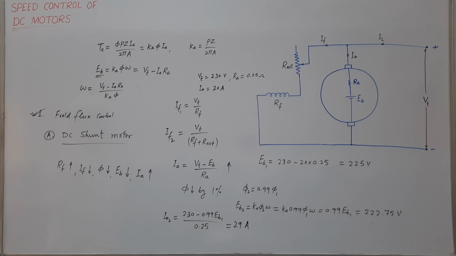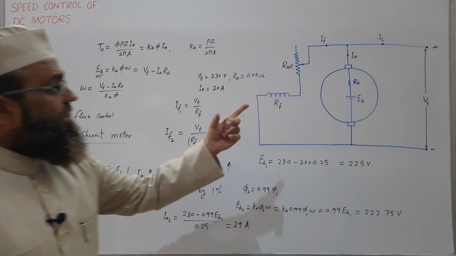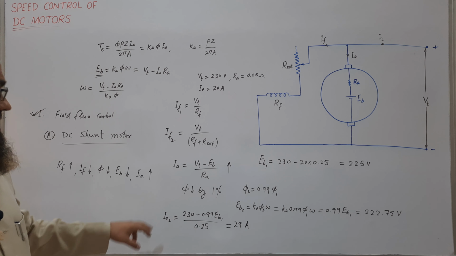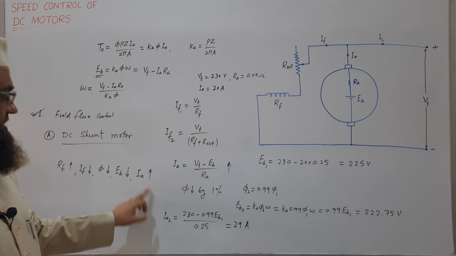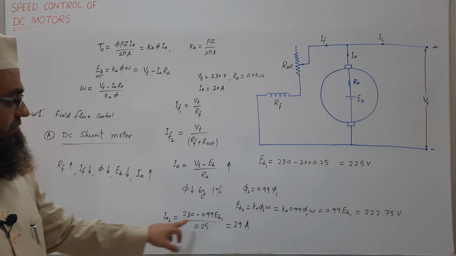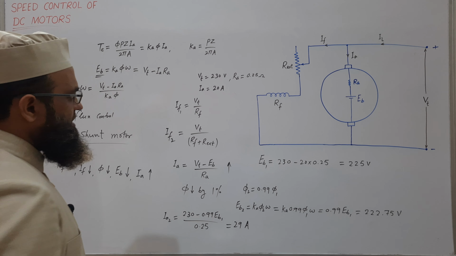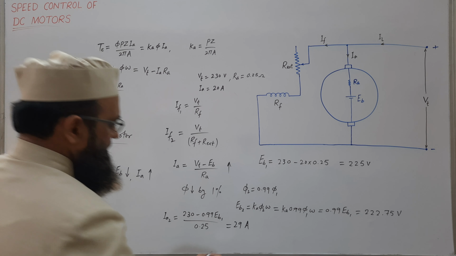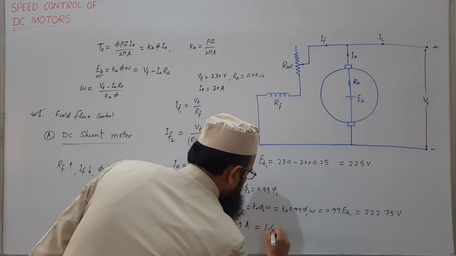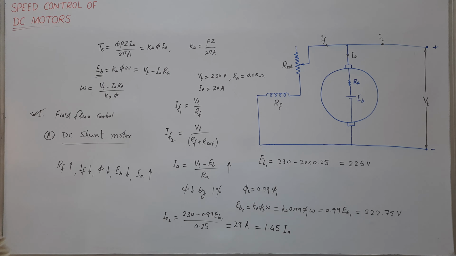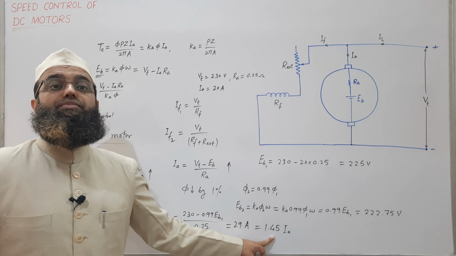29 ampere. It means as soon as phi is decreased by 1%, armature current has increased, as it should, but let me find the percentage increase: from 20 to 29, so divide by 20, that is 1.45 times Ia1. It means Ia2 has increased by 45%.